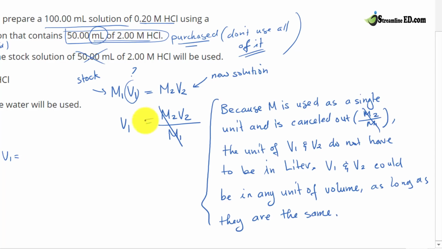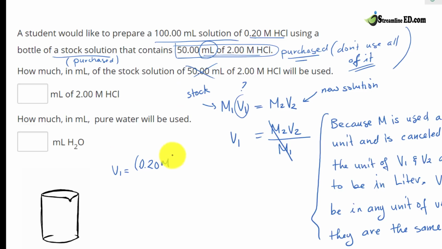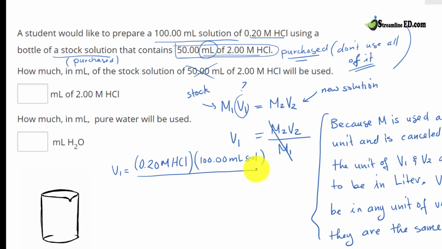What we have here is for M2 and V2, we know that we have 0.20 times the volume of M2, which is 100 milliliters. And for M1, which is from our stock solution, we don't know how much we're going to use.